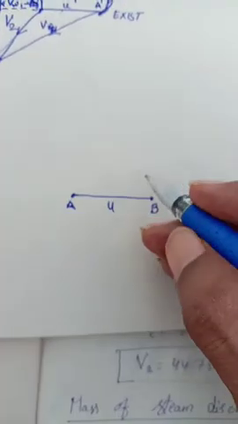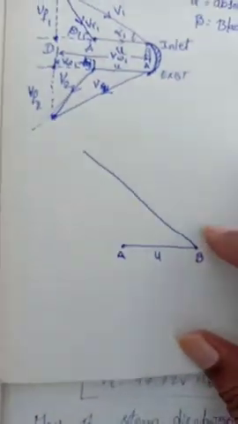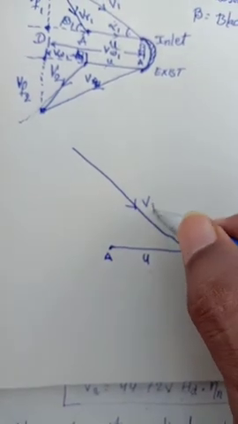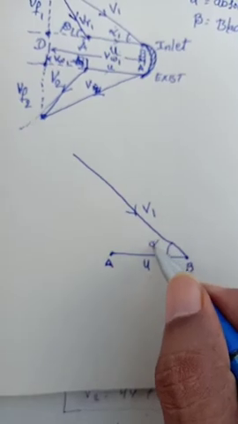So as it is, you can draw in here. Okay, you don't know that angle, so you draw. This is coming from V1. What is the angle in here? Alpha 1.